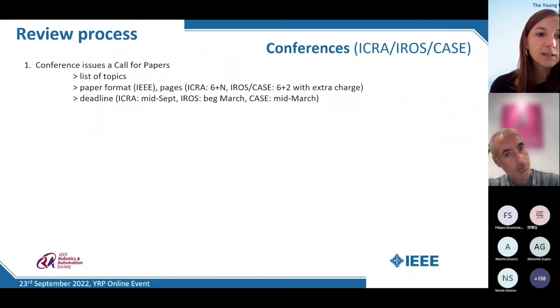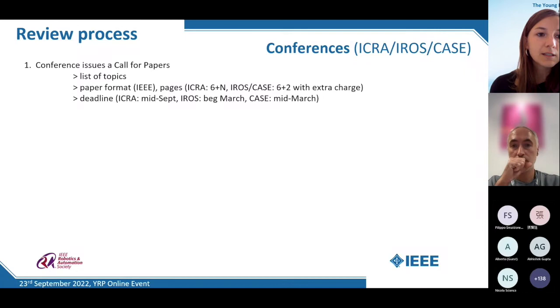Then you need to respect a certain paper format, that is usually the IEEE one, and a certain number of pages, that is slightly different depending on the conference. For ICRA, we usually have 6 plus n, where n is the pages for the references, while for IROS and CASE, we have 6 pages plus 2 if you pay an extra charge.